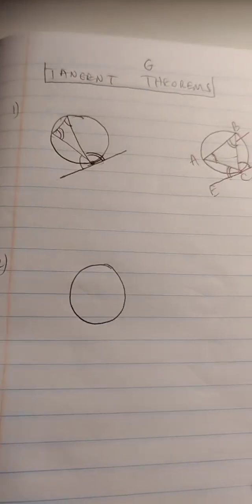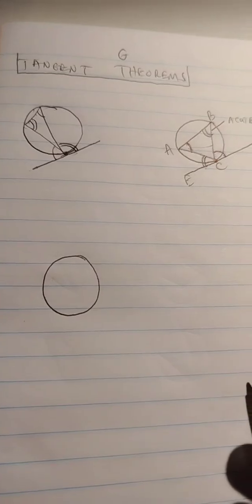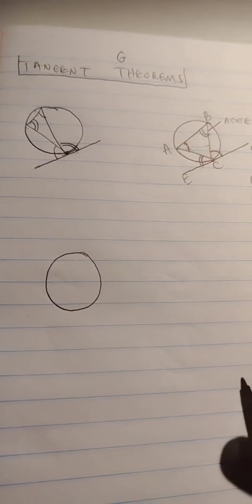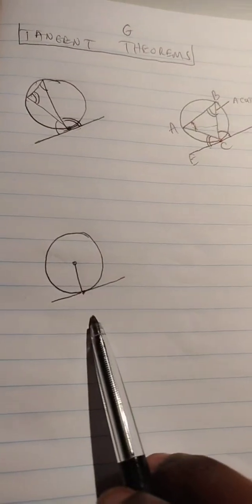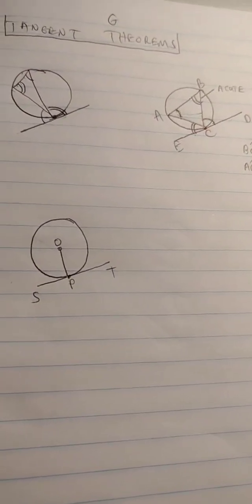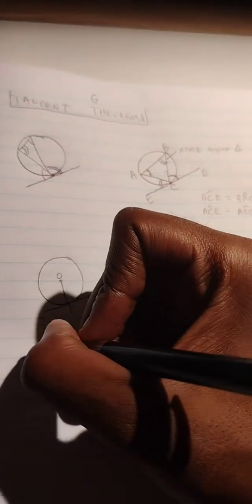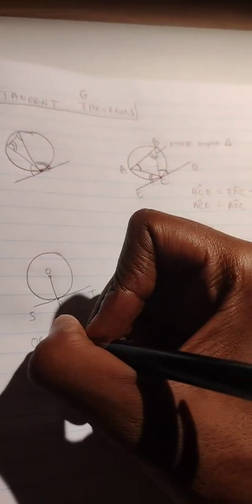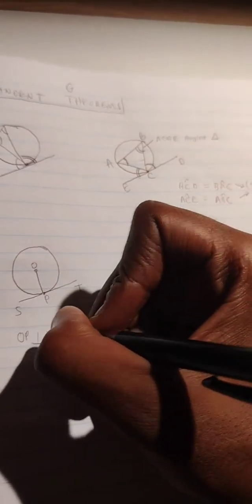Let's look at the second tangent theorem that we can have. If we have a tangent and we have a radius, what we know here is that OP is perpendicular to PT.